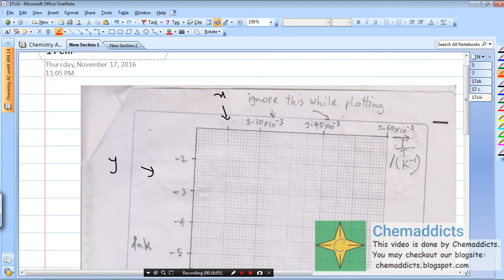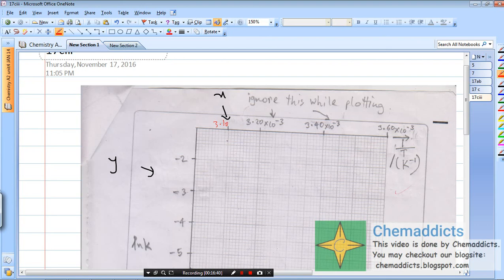Since the scaling is also linear over here, we have taken 20 boxes as 3.20, so here this should be 3.10. And in here, 20 boxes represent 0.20 units, so this is 0.10.